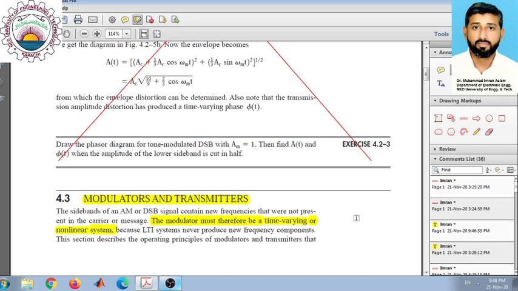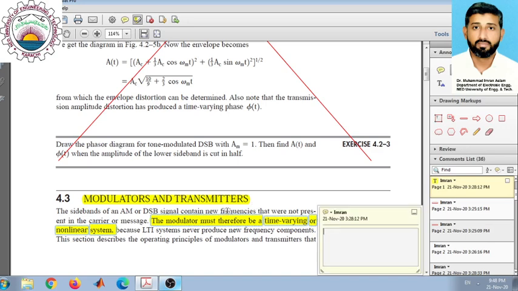So the basic thing that we notice is that there are new frequencies at the output whenever we modulate through an AM modulator. From this we can notice that the AM modulator is actually a non-linear system. It's not a linear system because it produces some new frequency components which are not available in the original signal. So the first thing to note is that it's a non-linear system.